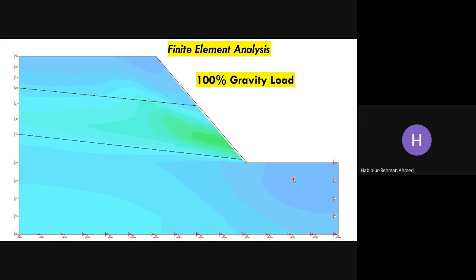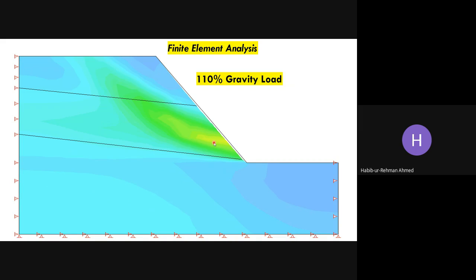So this is the strain model you can see here at 100% gravity load. You can see some part of the model, light greenish color, has higher strains than the other part of the model. So it shows that there is some localized failure being started over here, which the terminology I used as progressive failure.